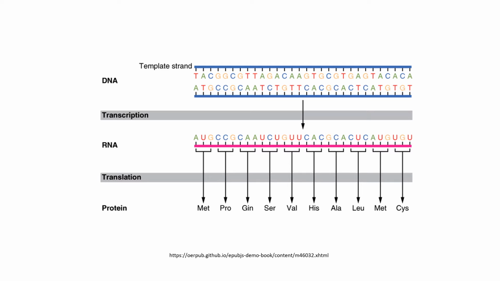So the order of the DNA bases affects the order of the RNA bases, and the four-letter alphabet is used to make three-letter words or codons, each of which specifies a particular amino acid, and all of this is going toward making a protein.